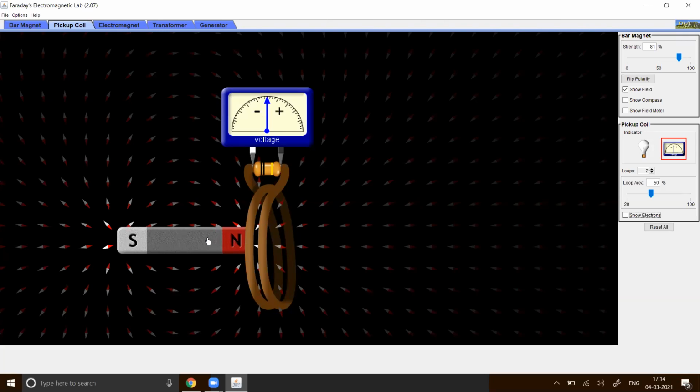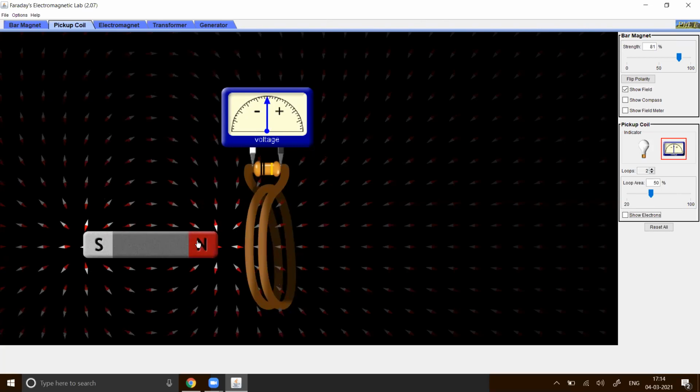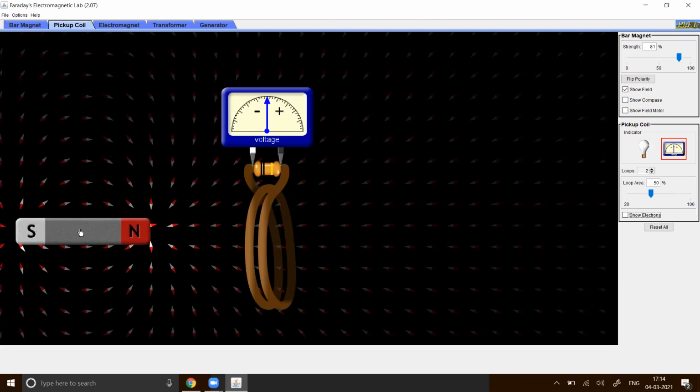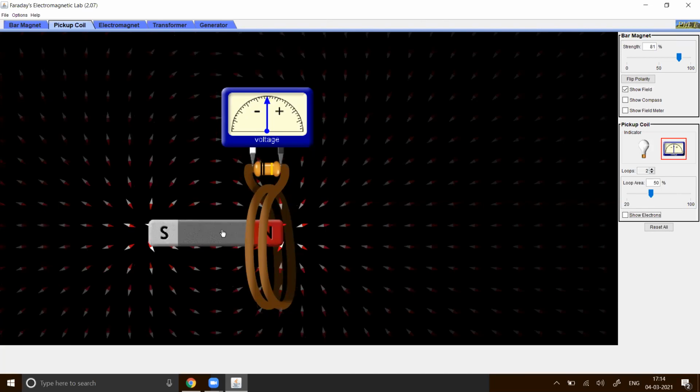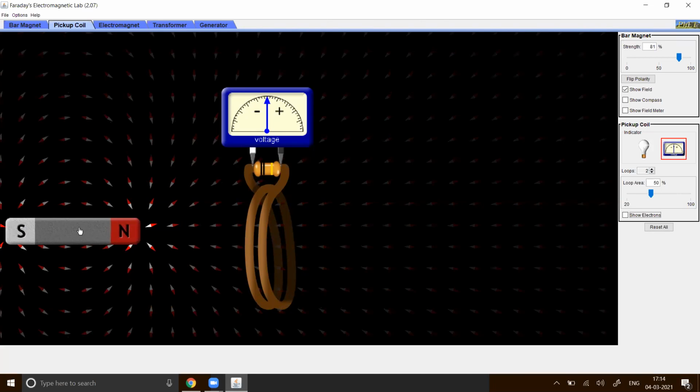If I take the same magnet away, see what is going to happen. Which direction did it get deflected? I'll do it again. It's a very fast process, observe it. When I moved it close, it moved to the left. When I moved the same north pole away, it moved to the right.